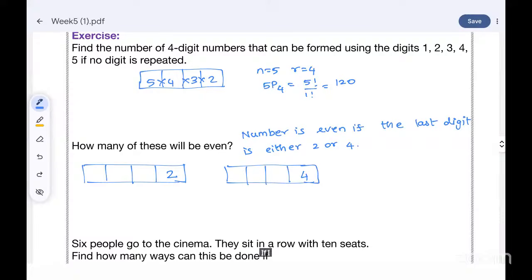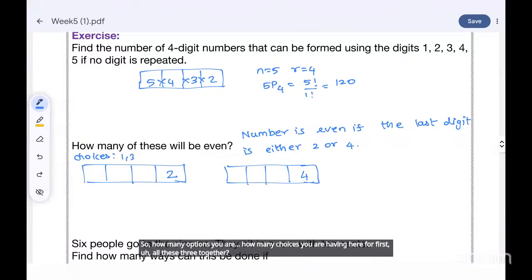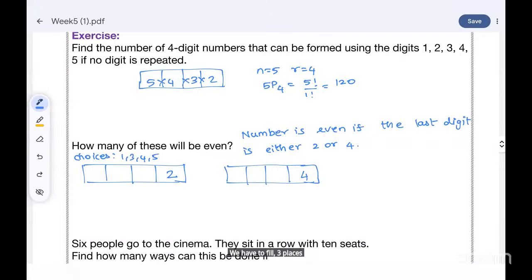If I'm fixing this 2, how many choices do you have for the other 3 places together? We have to fill 3 places with 4 digits only.